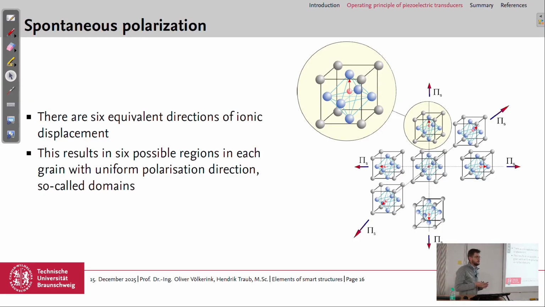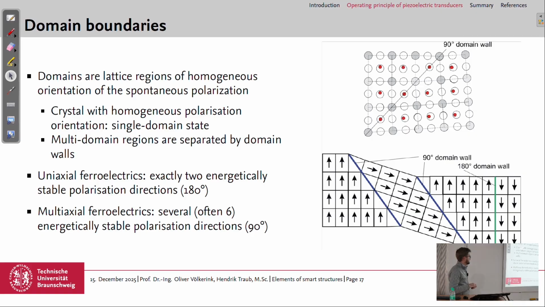Each domain has the same polarization direction. Domains are lattice regions of homogeneous orientation of the spontaneous polarization. We could also have crystals with homogeneous polarization orientation, the single domain state. Otherwise, we have multi-domain regions which are separated by domain walls.